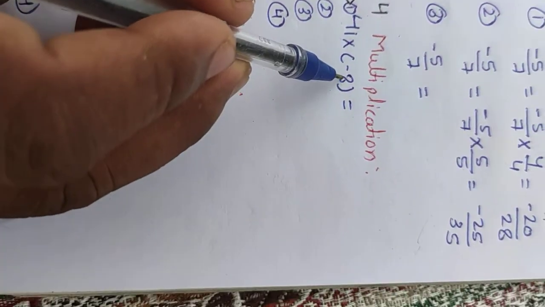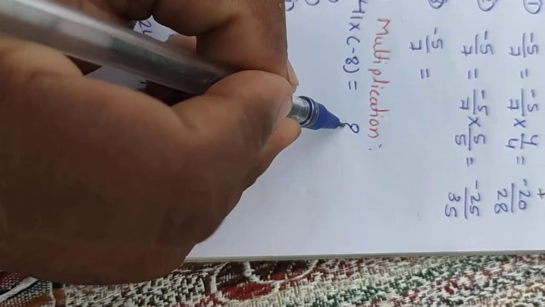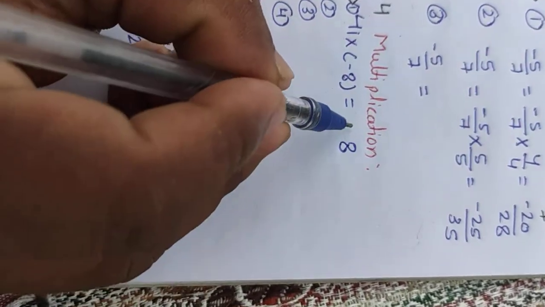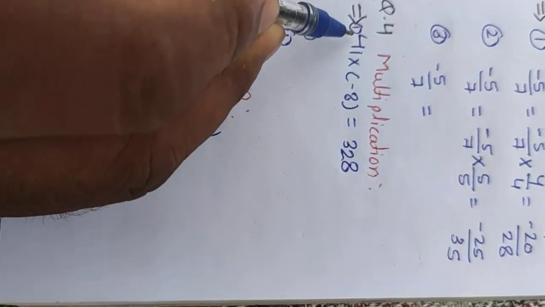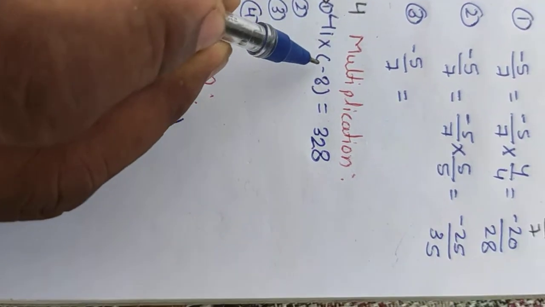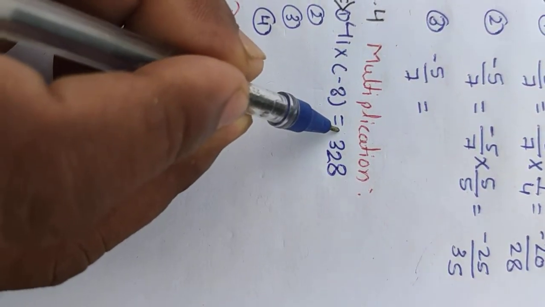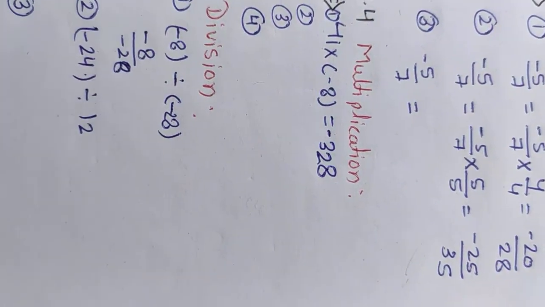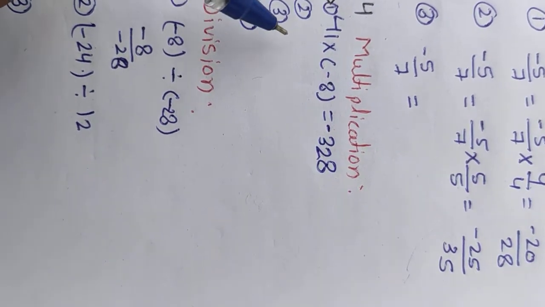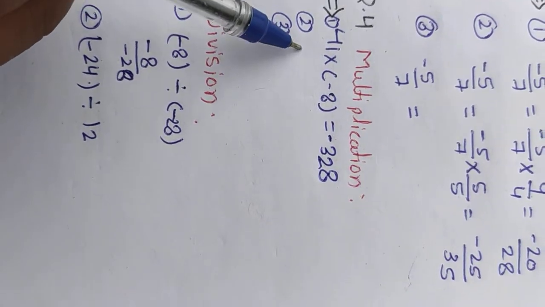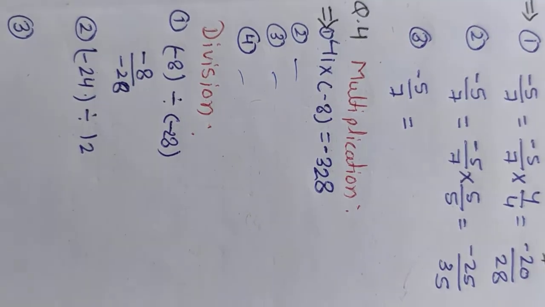So we got 8 1s are 8, 8 4s are 32, and according to the rules, positive multiplied with negative, we get a negative answer. According to that same method you have to complete the second, third and fourth.